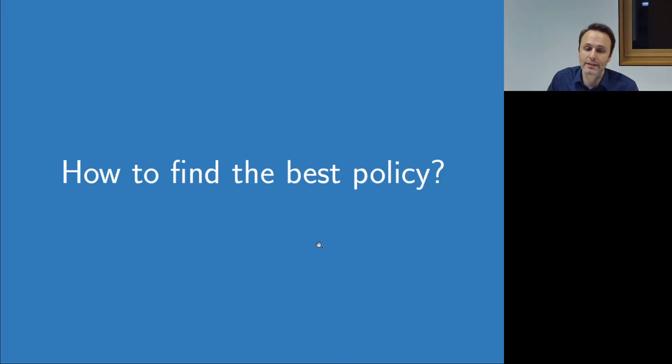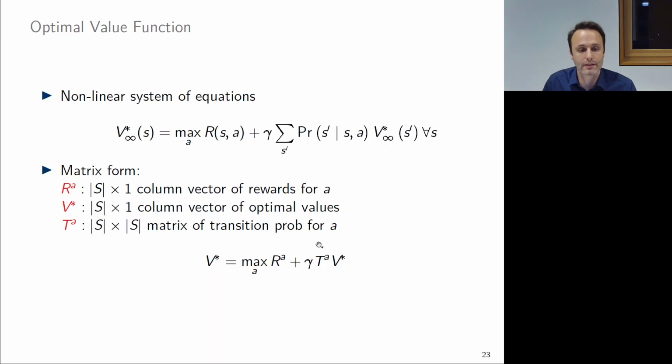Now, how to find the best policy? So this was only policy evaluation, and now we also want to find the best policy. V star is the best policy, and the difference is this max operator. The problem is that this max operator renders the whole problem nonlinear.